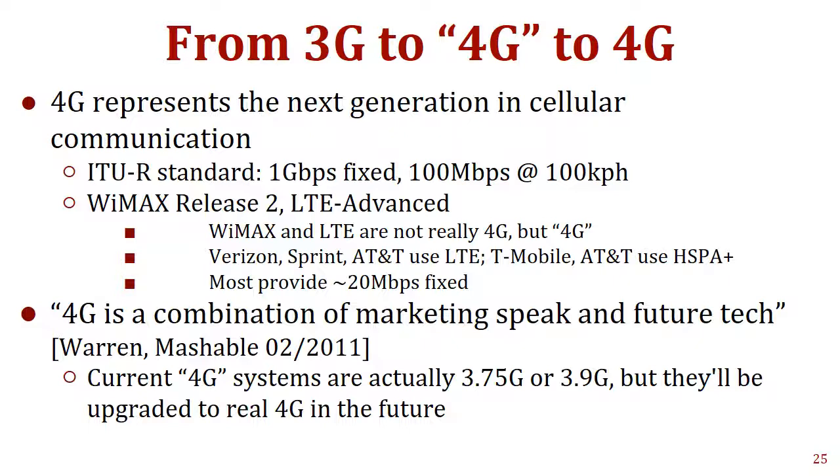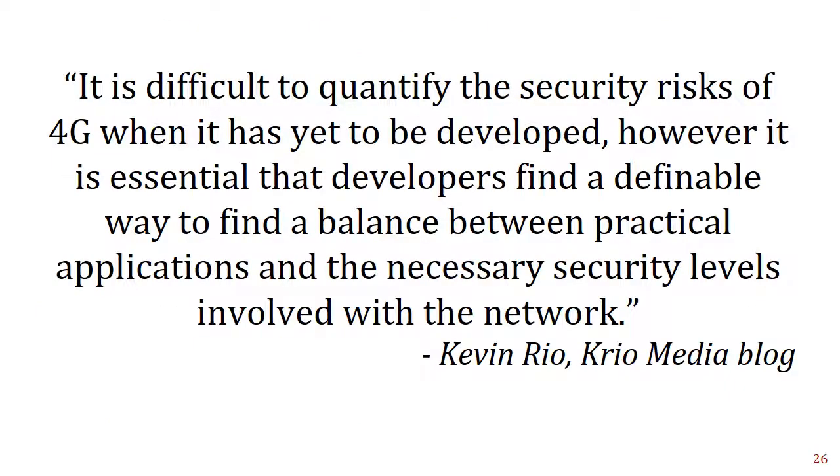So currently 4G is a combination of marketing speak and future tech. So even for now, the 4G we are using is not really 4G, and people are commenting on that. The real 4G has not yet been developed. And how to strike a balance between practical applications and the necessary security levels is also a very challenging problem.